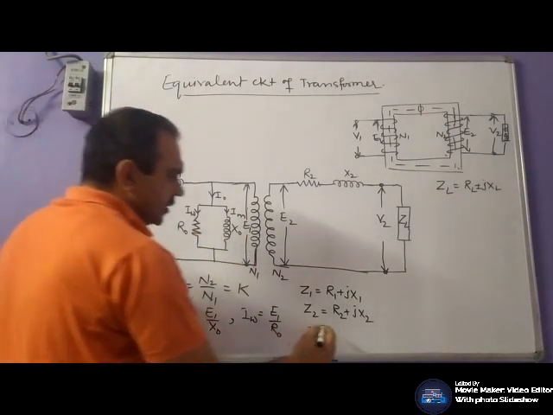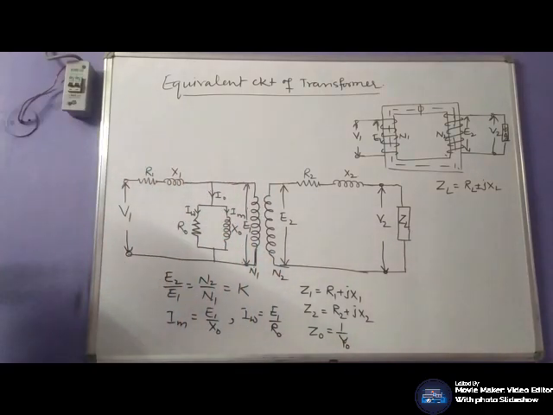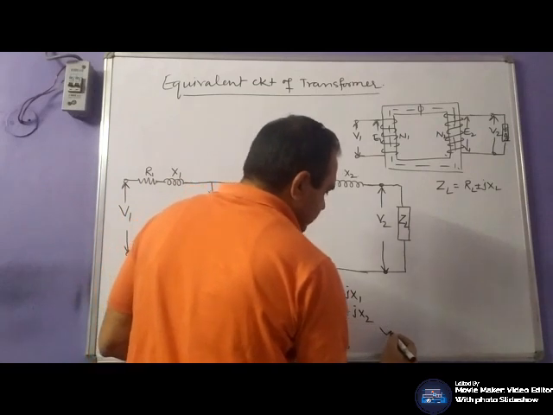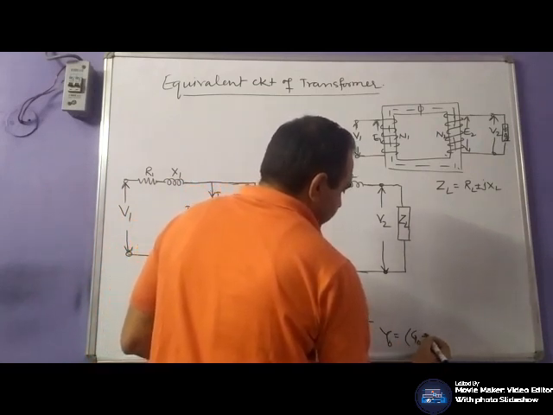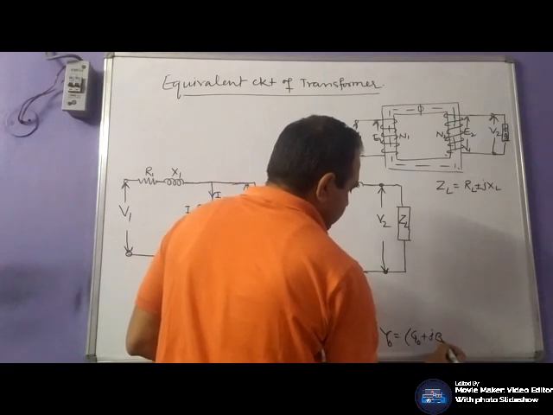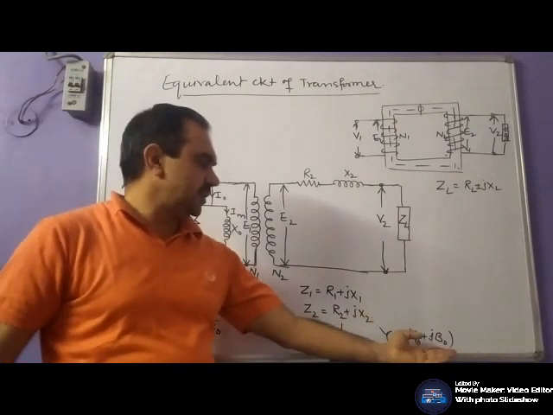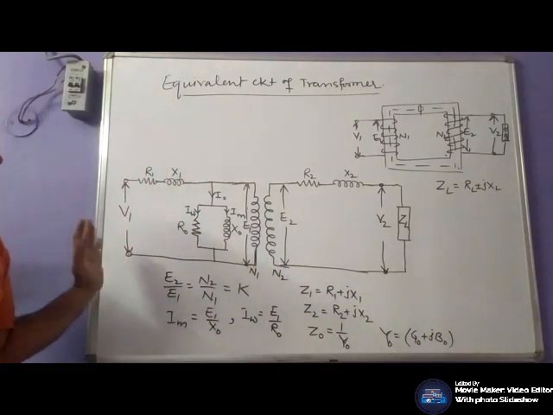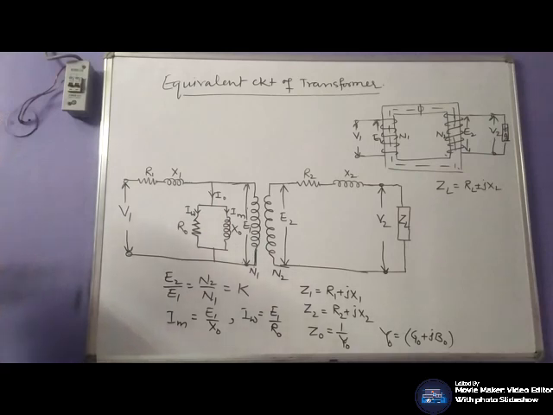So this can be represented by 1 by admittance, and this admittance can be found from the conductance and susceptance, G plus jB. So these are the different side impedances and reactances.